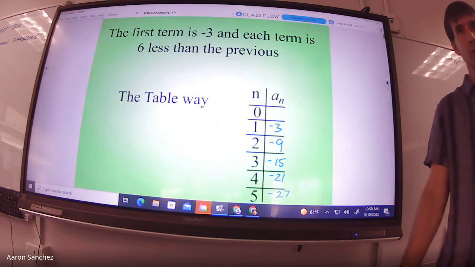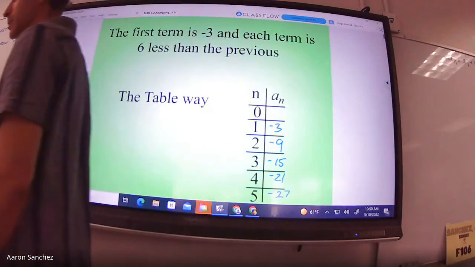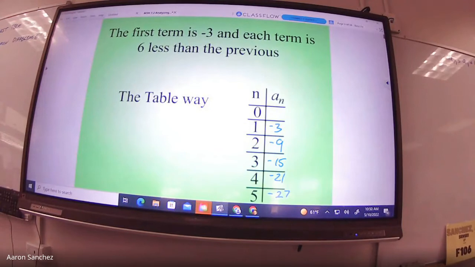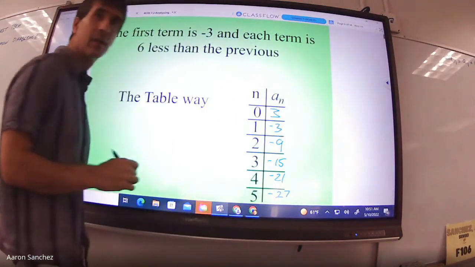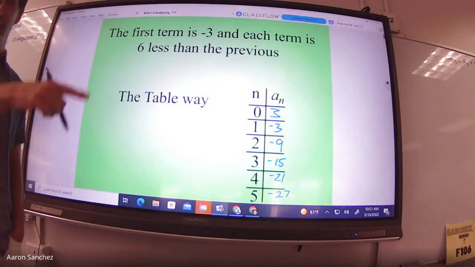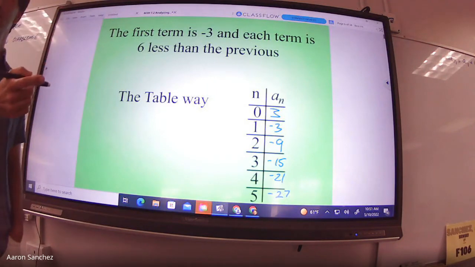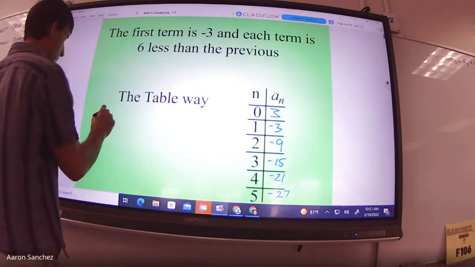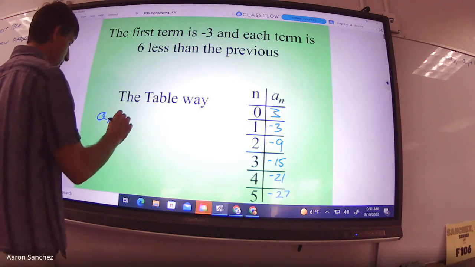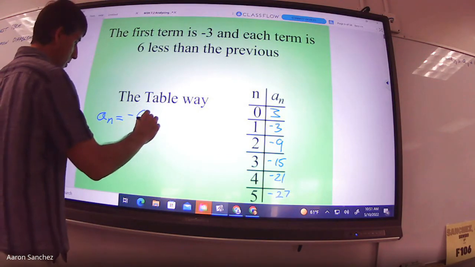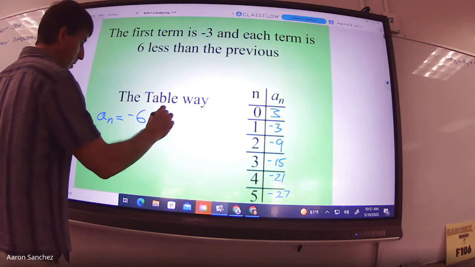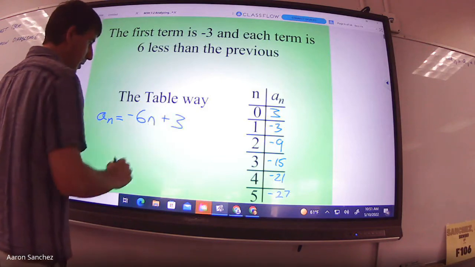Tell your group, what's the zero term? 3, right? So subtract 6 going down, I add 6 going up. Here's my rule. A sub n equals negative 6 times n plus 3.